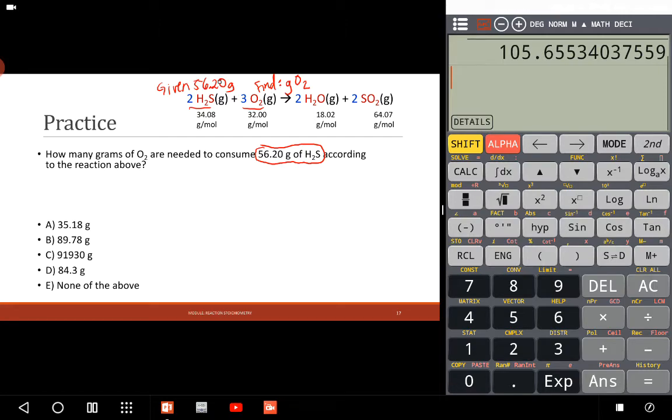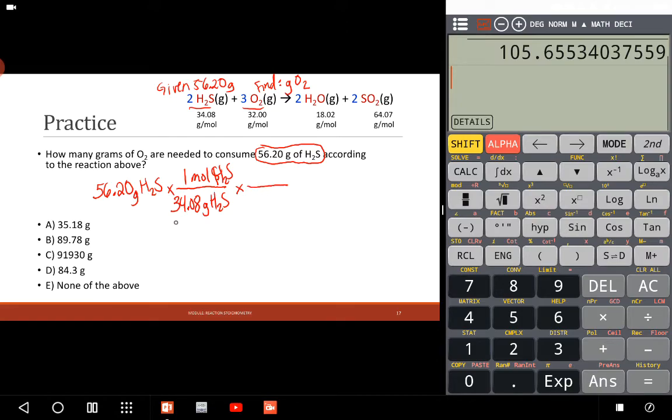Whenever I'm trying to go from grams to moles, I'm going to be using the molar mass. So I'm going to start my math way over here. 56.20 grams of H2S. I need to cancel out my grams of H2S. I need to get into moles of H2S. And so that's going to be my 34.08.